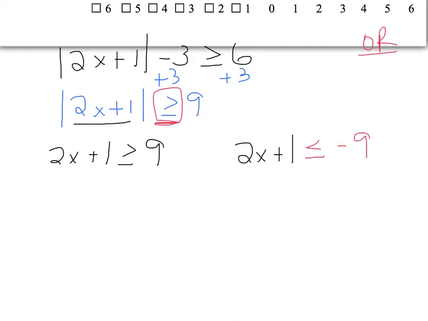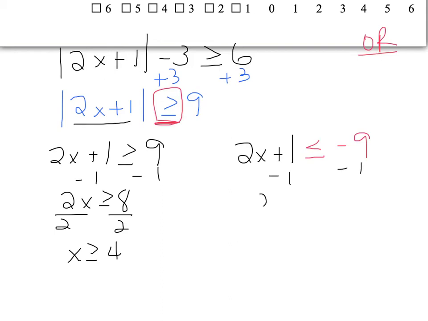Now I'm going to solve for x on both. So x is greater than or equal to 4. Solving over here, x is less than or equal to negative 5.